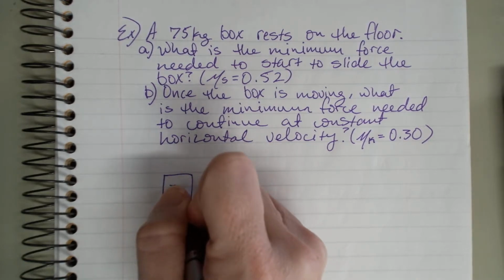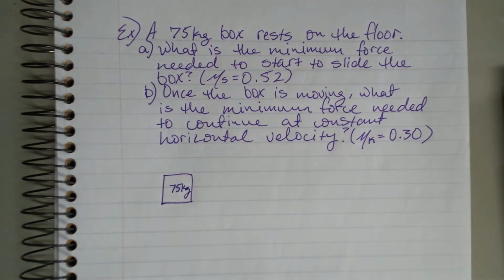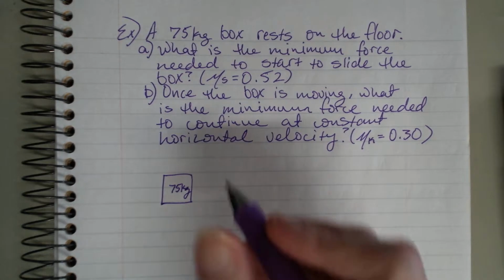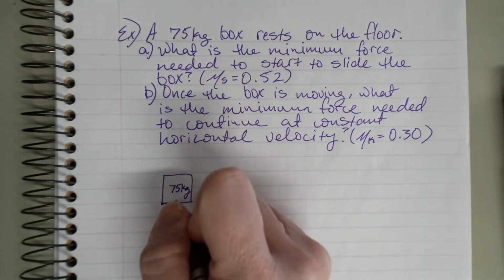I know it's 75 kilograms, so I'm going to write that right in the middle to remind me this thing has mass, and I'm going to have to calculate something if I don't already know. If they give you kilograms, put it in the middle of the box. If they give you newtons, that goes somewhere outside the box, on an arrow. But if they give you kilograms, put it in the middle to remind yourself, I've got to calculate something. All right, so since it has mass, I know it has weight.